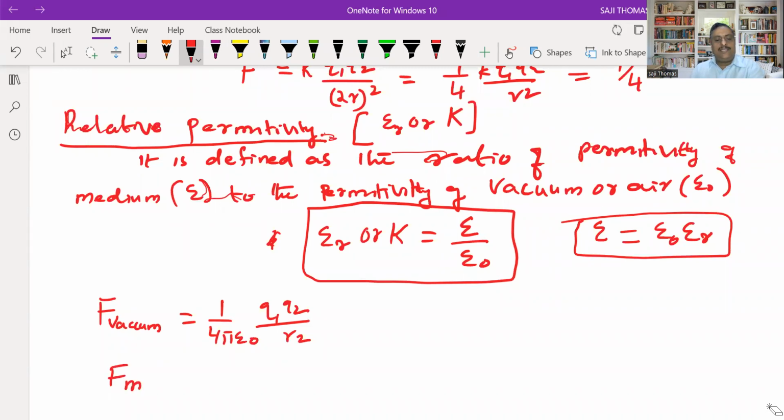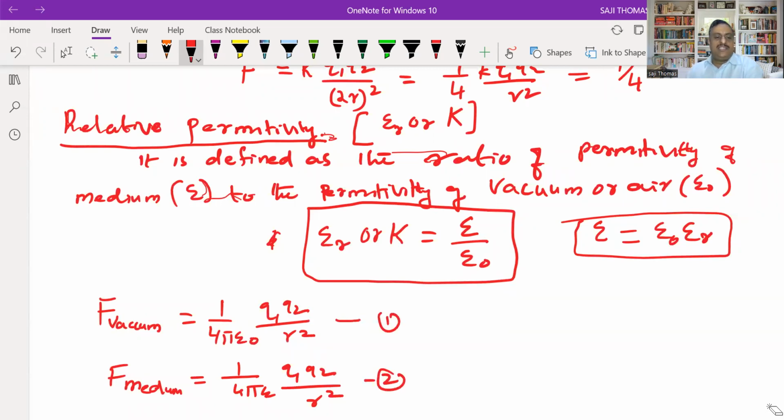F medium, when placed in a medium, is 1 by 4 pi epsilon Q1 Q2 by R square. Equation 1 and equation 2.